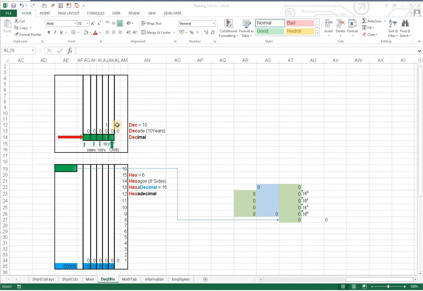So starting at 0, I can go to 1, 2, 3, and please note we're looking at the first unit, the first box that we can put data in. 3, 4, 5, 6, 7, 8. When I go to the last digit, it is 9. It is now full.